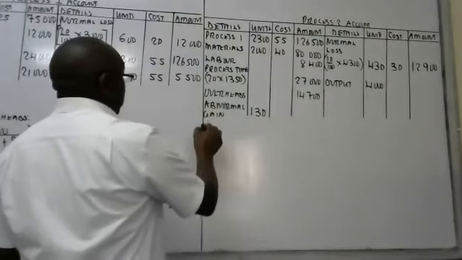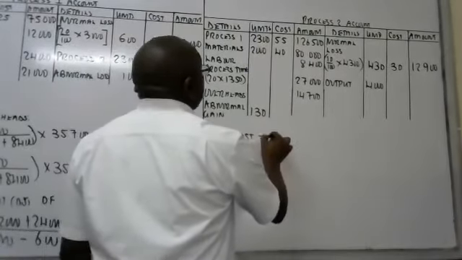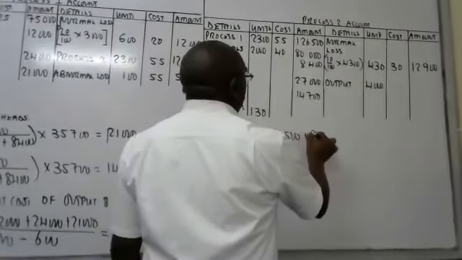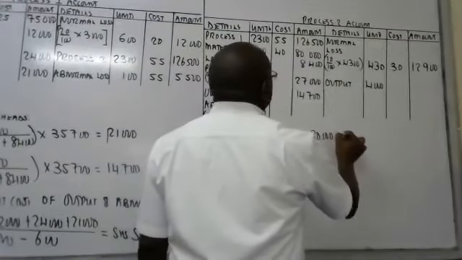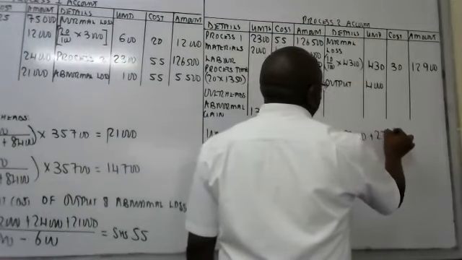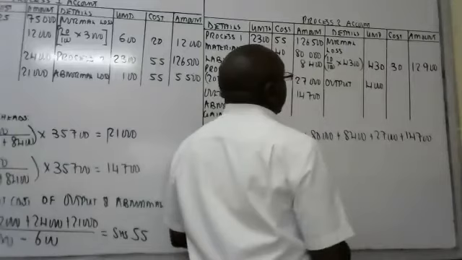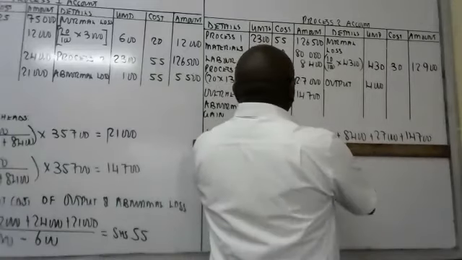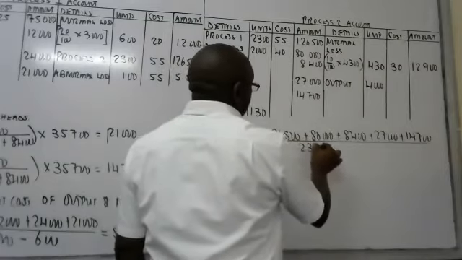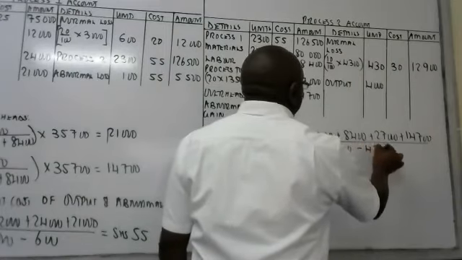So unit cost will be 126,500 plus 80,000 plus 8,400 plus 27,000 plus 14,700. You divide all this by 2,300 plus 2,000 minus 430.